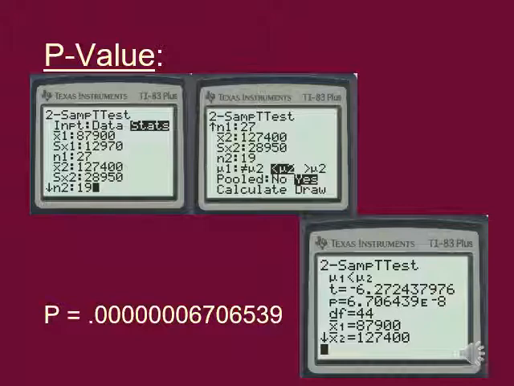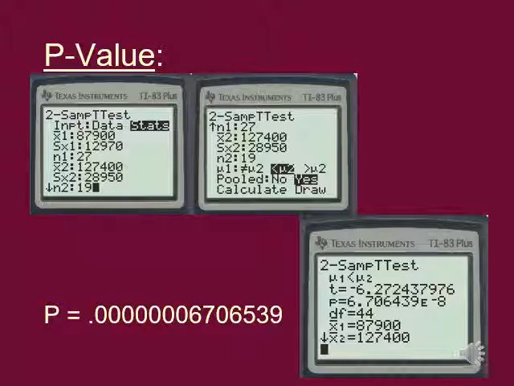I go through that with the first sample, and then I go back and I put in those same things for the second sample. Once I get through entering all of those numbers, it asked me that question of less than, greater than, and here what it's asking is, does the first sample appear to be less or more than the second sample?